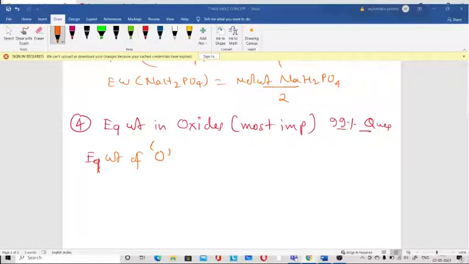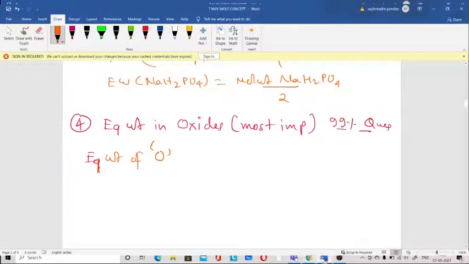What is the equivalent weight of oxygen? It is 8. Last time I told you, in this PDF also. Atomic weight divided by the valency. So atomic weight is 16, 16 divided by 2, so that is your 8. So the equivalent weight of oxygen is 8.